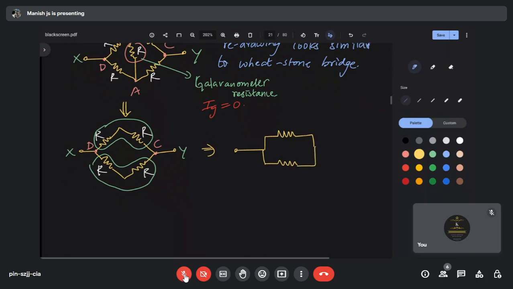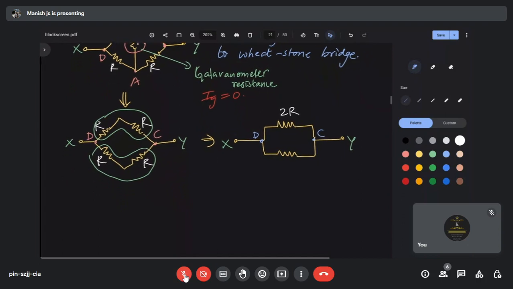And what would be the value of that resistance after you apply the series combination? Yes, what is the value of that single resistance now? We apply series. What will be the value? R plus R is going to be 2R. 2R. Same way, below also, R plus R is 2R.